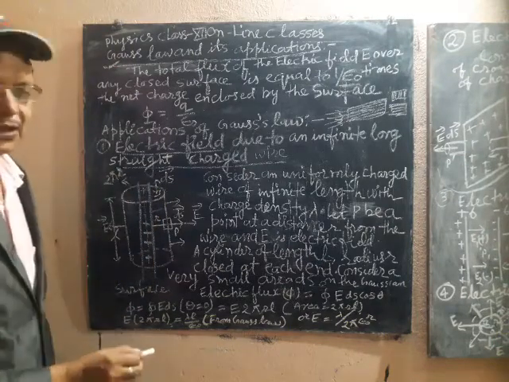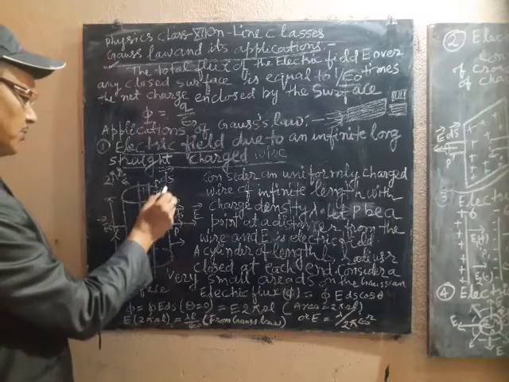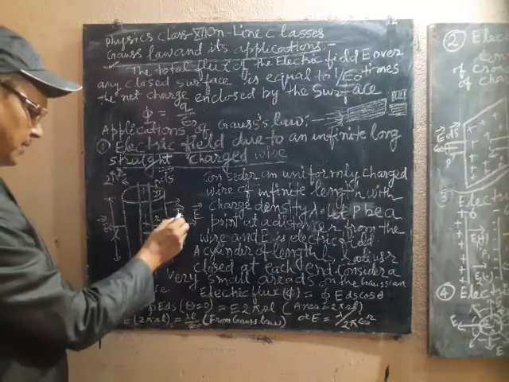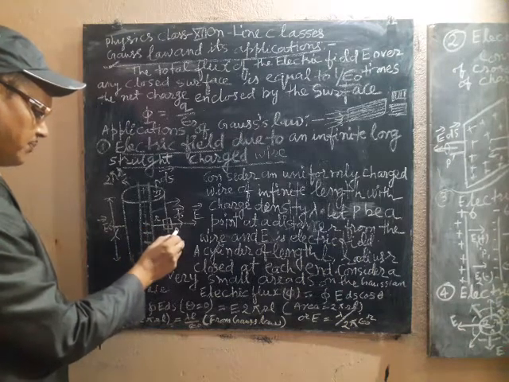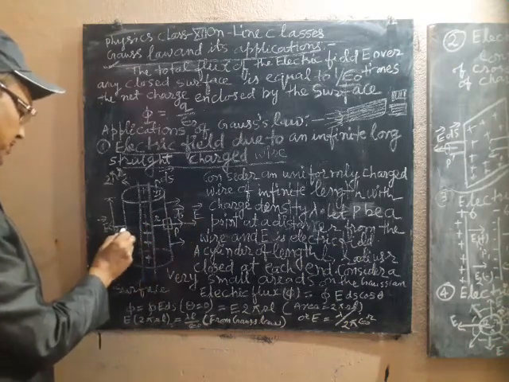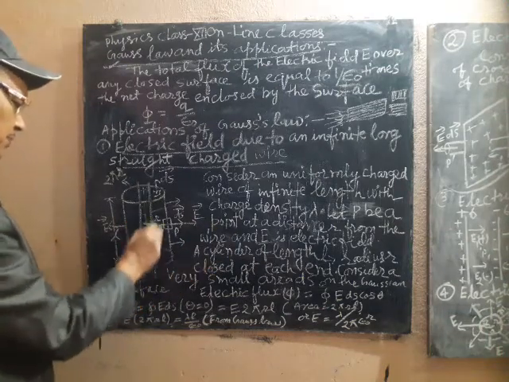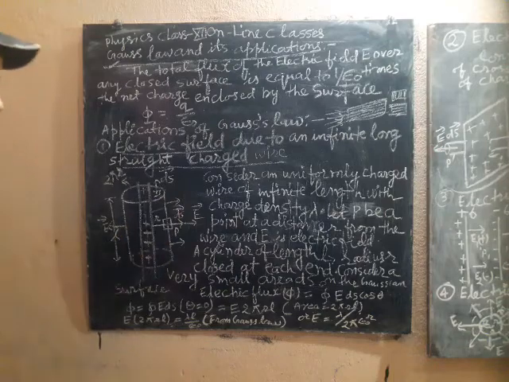Note, the circle area is pi r square, while the circumference is 2 pi r. And for a small element ds, I have written r, P, E, with the arrow showing the electric field pointing outward. This is the figure.